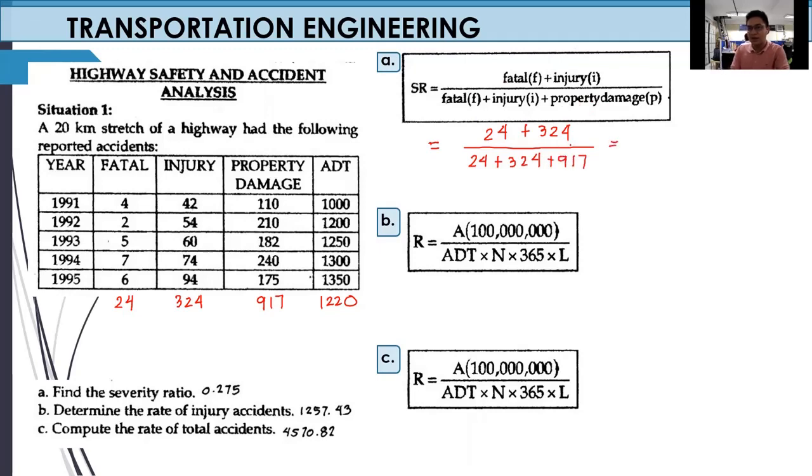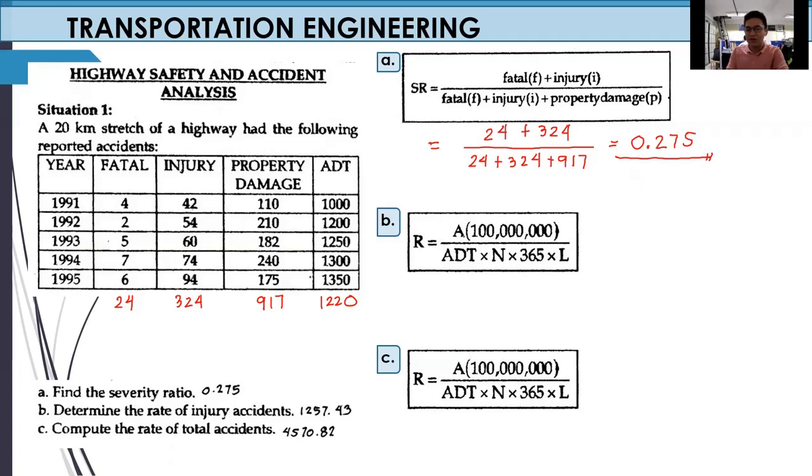And by using your calculator, compute mo lang yan, class, that is equivalent to 0.275. So therefore, that's our final answer.